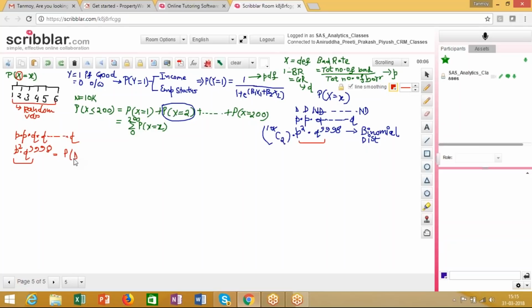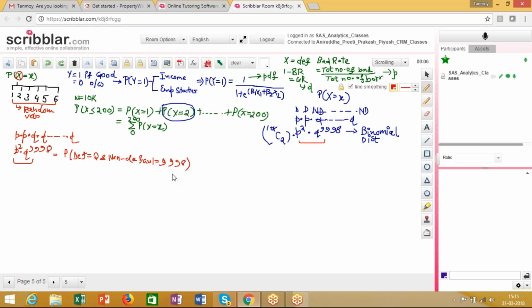Probability default equals 2, and non-default equals 9,998. So what is the probability that there are two defaults and there are 9,998 non-defaults?